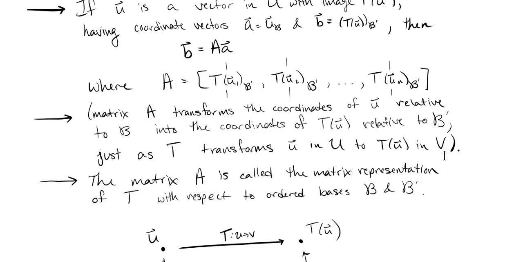What are we really saying here? We're saying we can trade out the actual vectors in these general vector spaces and just do matrix multiplication to transfer between coordinates. Even if it's not an Rn vector space, instead of looking at the transformation, we can look at coordinates of some basis vectors relative to these bases.